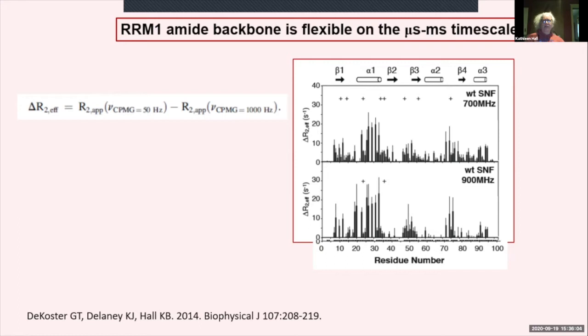And you can see that throughout the protein, there is a lot of motion going on at this kind of time scale. And particularly in alpha 1, which is sort of strange because it should be packed up against the beta sheet. And also here is one of the loops, which is probably not too surprising. But again, throughout the body of the protein, there looks like there's a lot of motion going on at a fairly slow time scale.